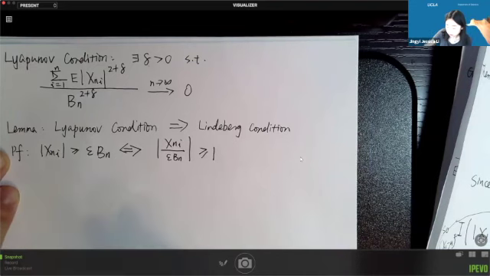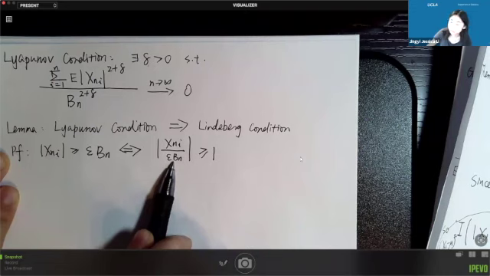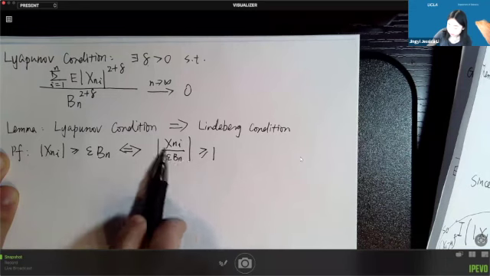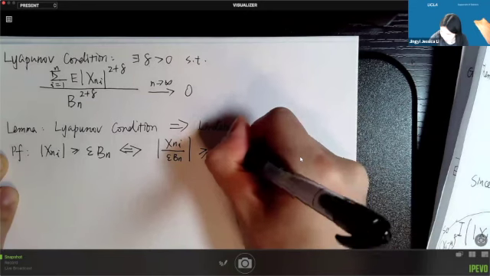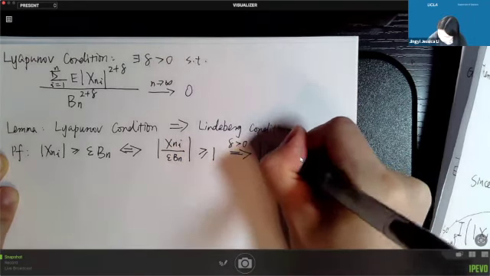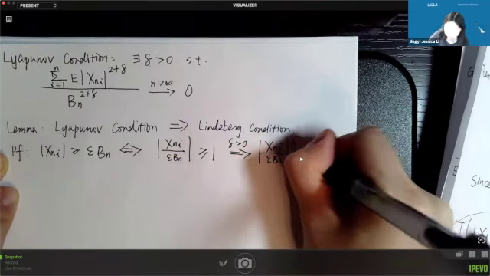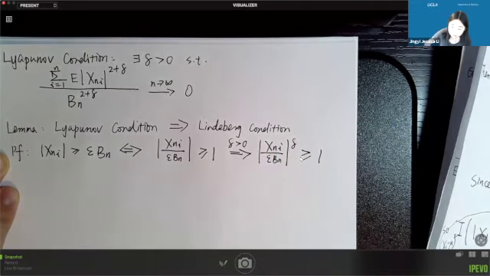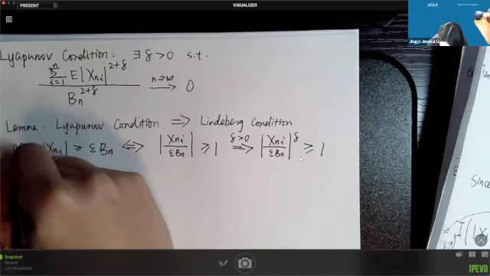If this holds, and I raise the left-hand side to a power of positive delta, then I still have that power greater or equal than 1. So this implies that for positive delta, I would have (|X_ni| / (epsilon B_n)) to the power delta greater than or equal to 1. That's it.